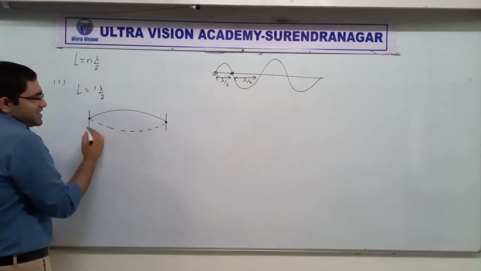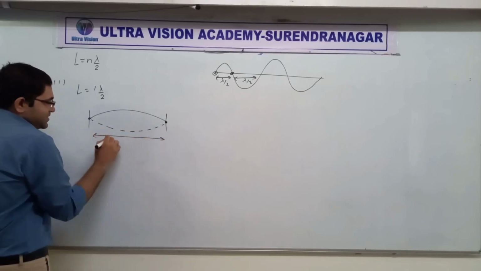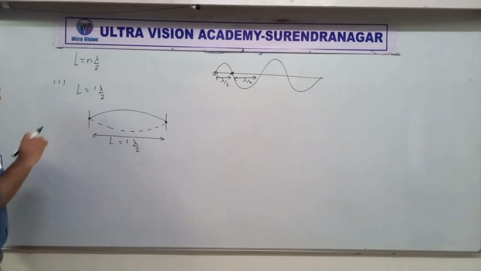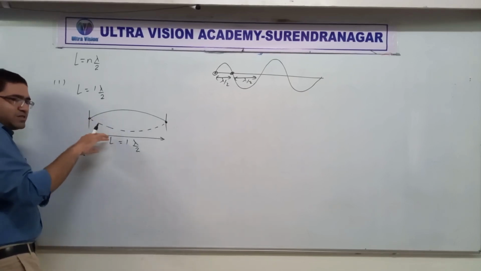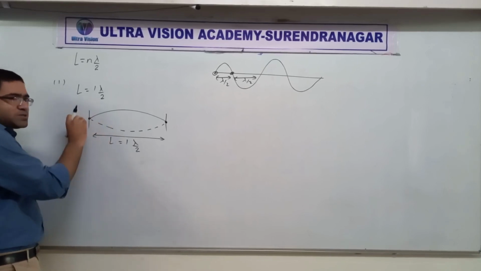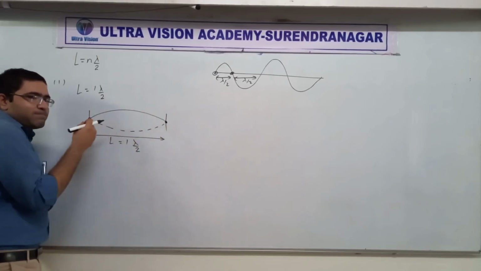So when this length of the string L is equal to 1 lambda by 2, or simply lambda by 2, this is the first case. Let me repeat quickly: the source starts a wave, that wave goes there and comes back.